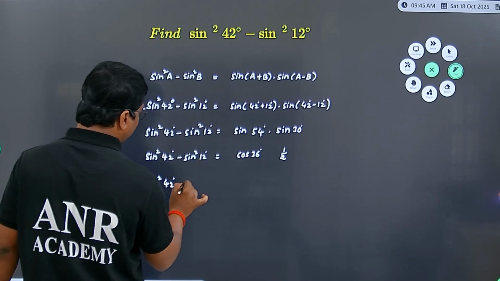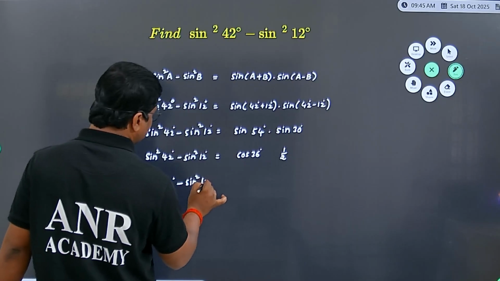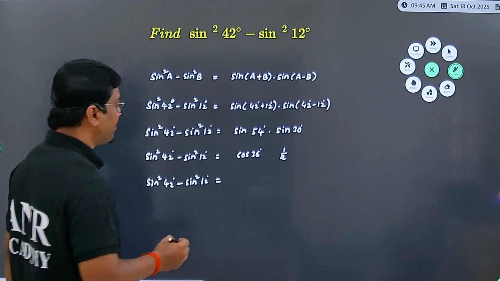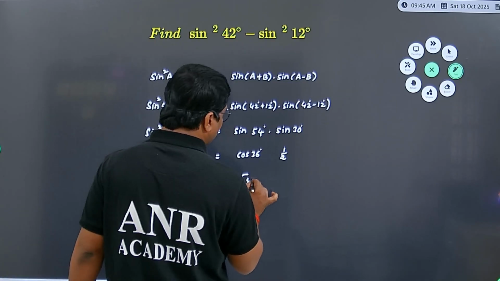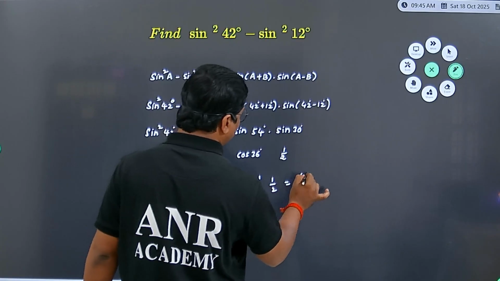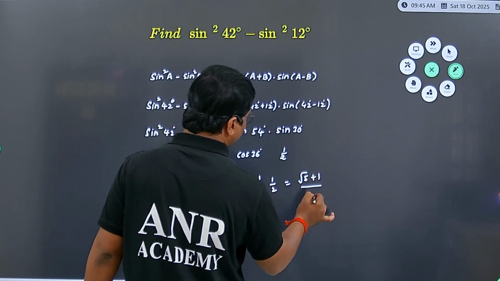Therefore sin square 42 minus sin square 12 degrees equals cos 36 degrees value, root 5 plus 1 divided by 4, multiplied by 1 by 2. So the final answer is root 5 plus 1 divided by 8.